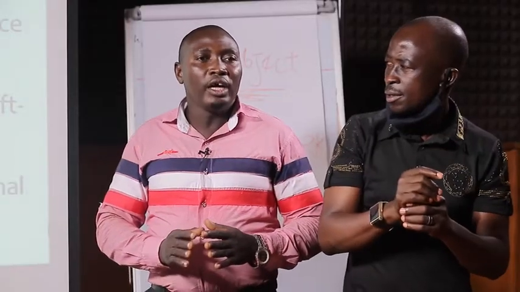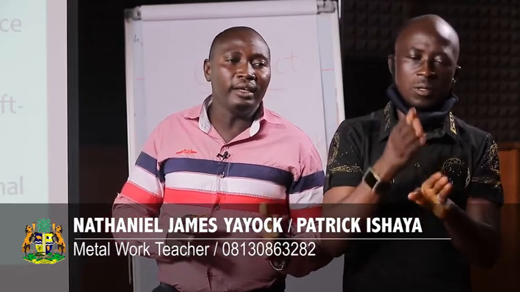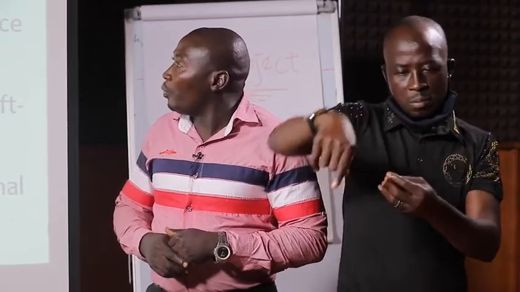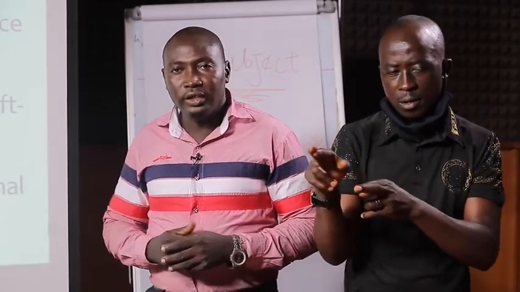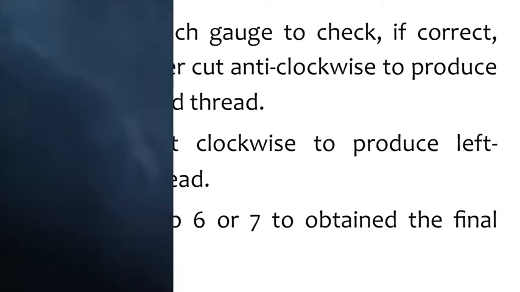We are producing threads either left-handed or right-handed, and on the lathe machine you can do that. So when you are taking an anti-clockwise operation, you are producing a right-handed thread on the lathe. Now the next step is take a cut clockwise to produce left-handed thread. Number 9, repeat step 6 or 7 to obtain the final thread.